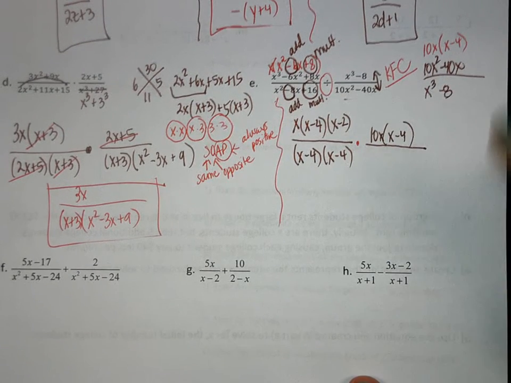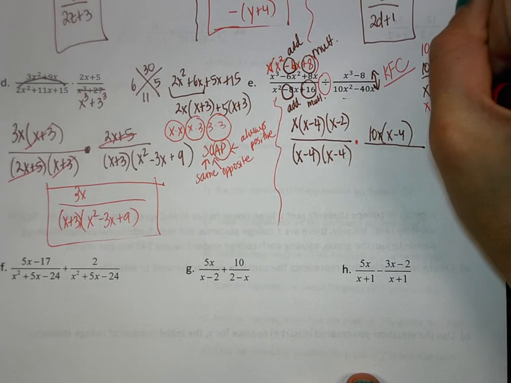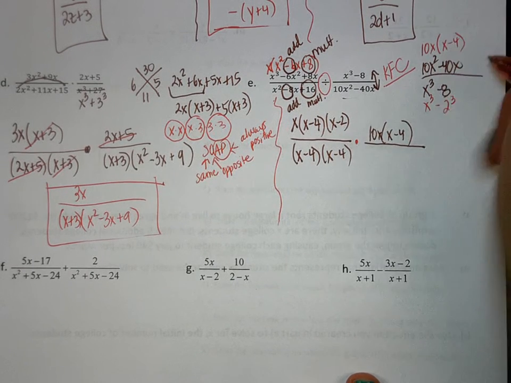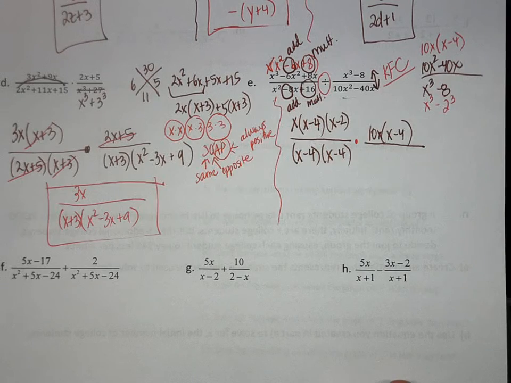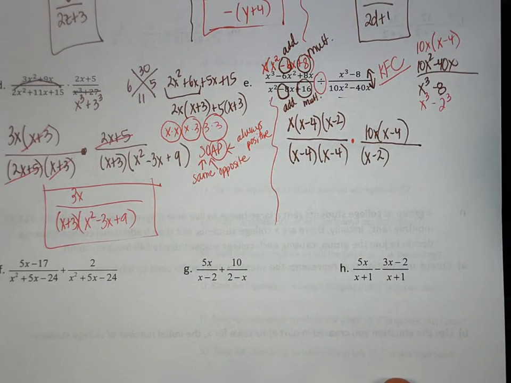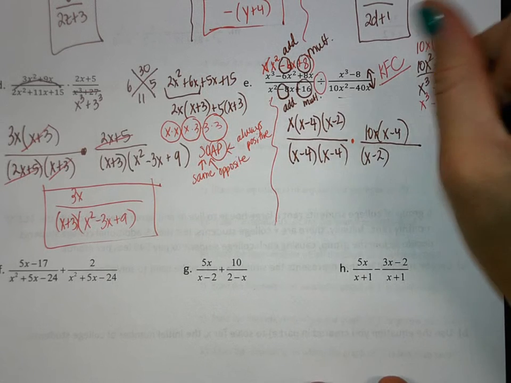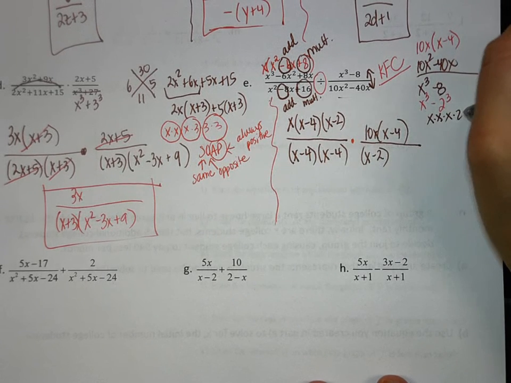Okay, and what am I going to do with the x cubed minus 8? Good. We would change this to be x cubed minus 2 cubed. So everything's a cube, right? And what would be your first parenthesis there? x minus 2. Do you guys want to do it with writing out all the x's and stuff? Okay. So all 3 x's, and then the 3 2's.